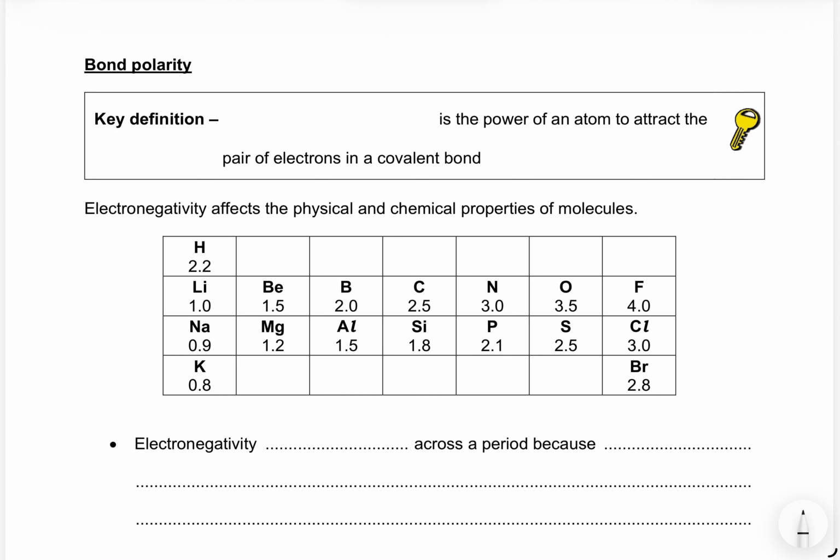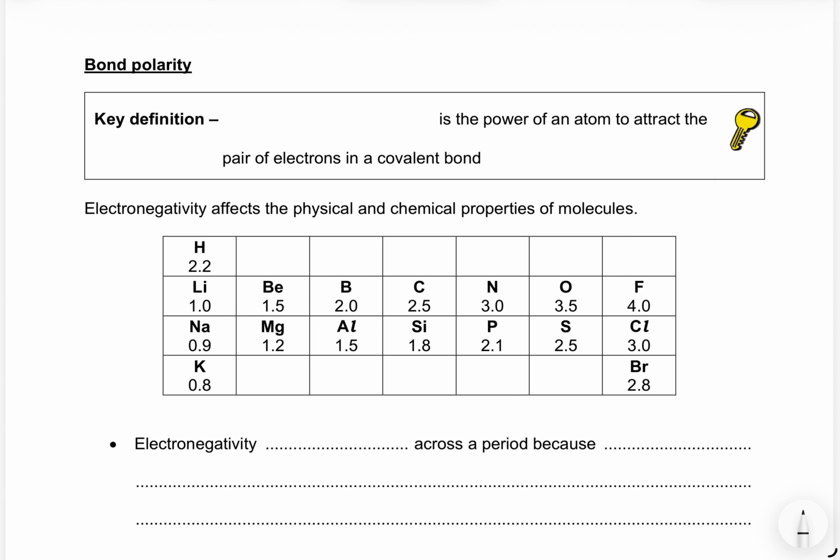It also depends on whether the molecule is symmetrical or not, its shape, because its shape could lead to the polarity of bonds cancelling out. So what we're going to do is first look at how a bond becomes polar and then how a molecule is or isn't polar.